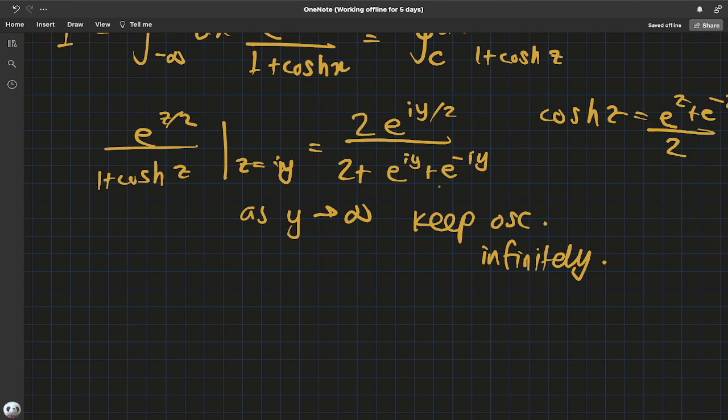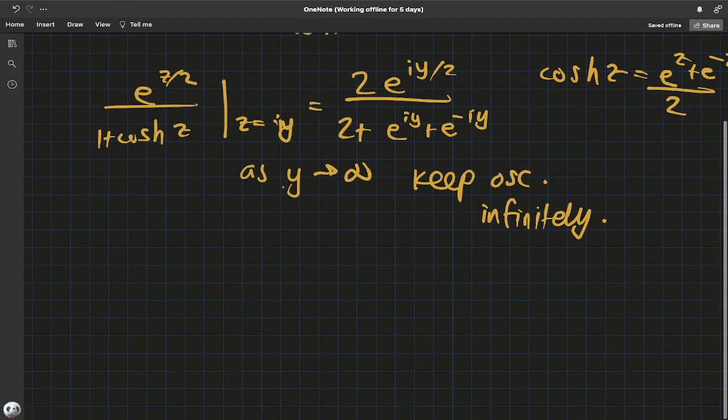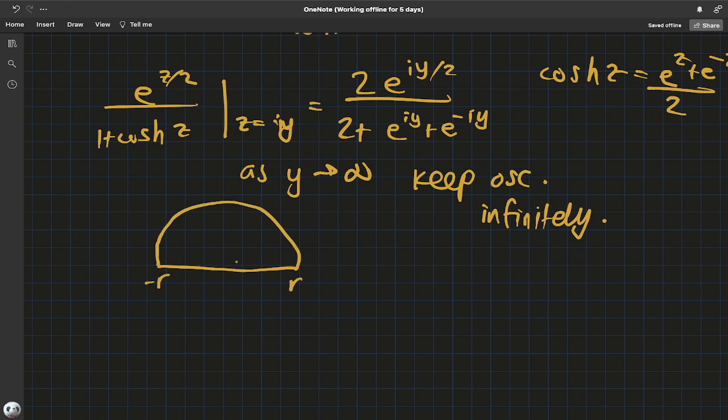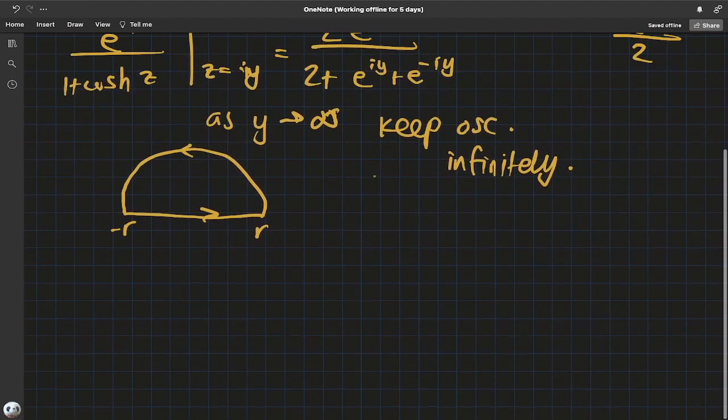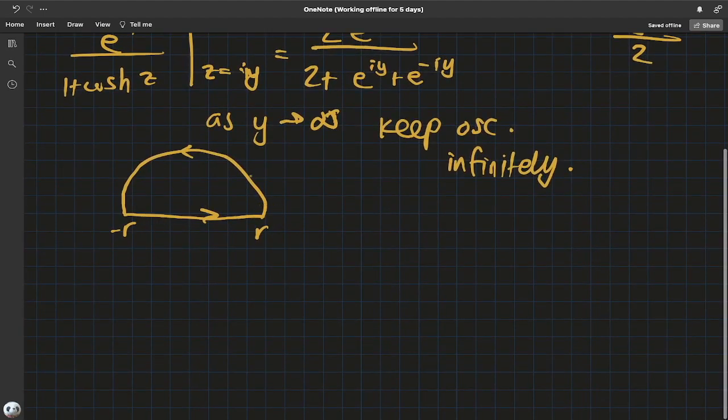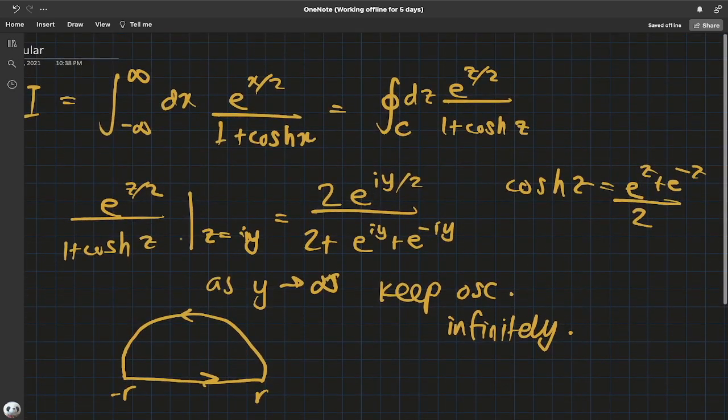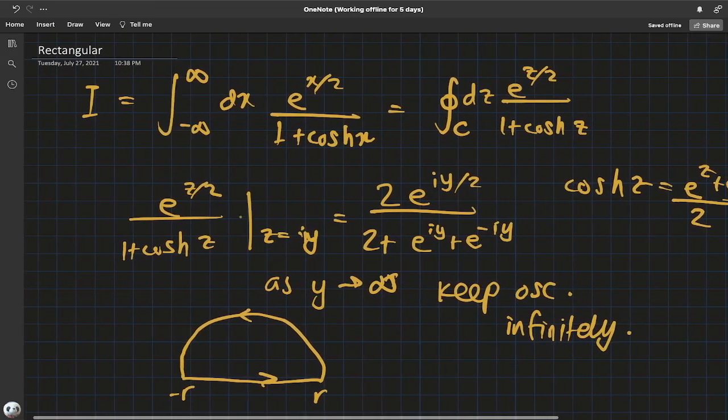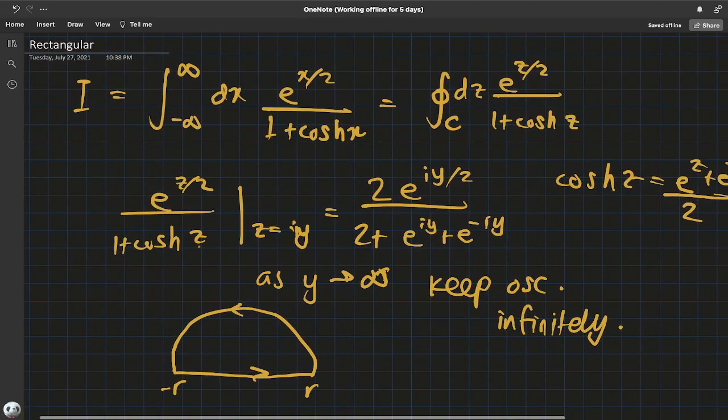So even if we take something that has the imaginary coefficient tending to infinity, like we have in the semicircular loop arrangement that we did for the last example, since r goes to infinity, this y part eventually will go to infinity, and it'll keep oscillating. It won't go to 0 on this arc. So this is a bad method to consider. I'm just doing it right now because I don't want to waste your time by showing steps that clearly won't work.